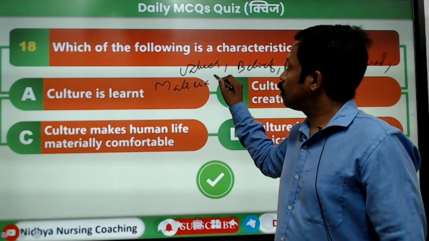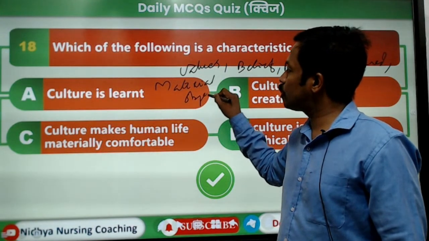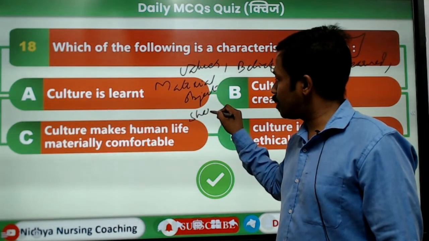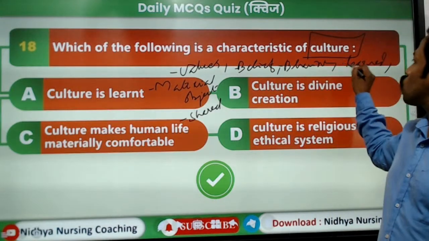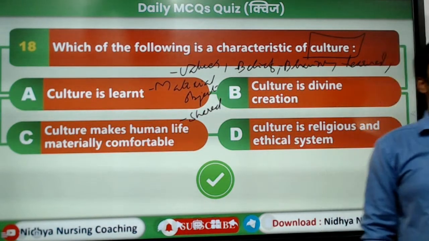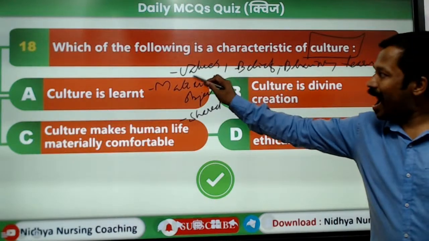So the characteristics of culture are values, beliefs, behavior, learned, material objects, plus shared. All these are the characteristics of culture.